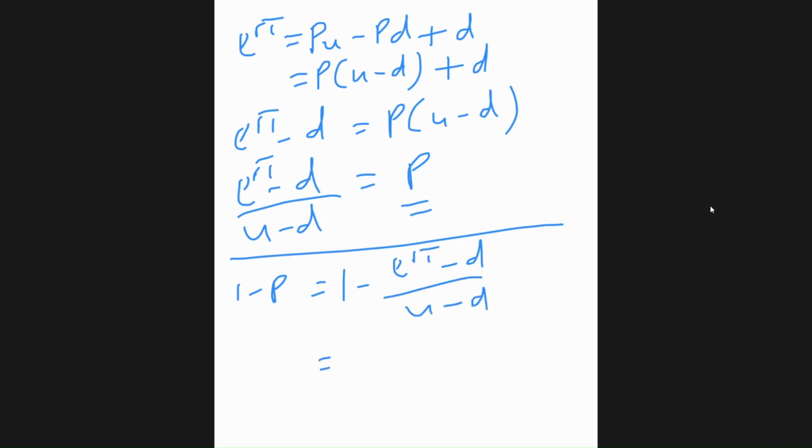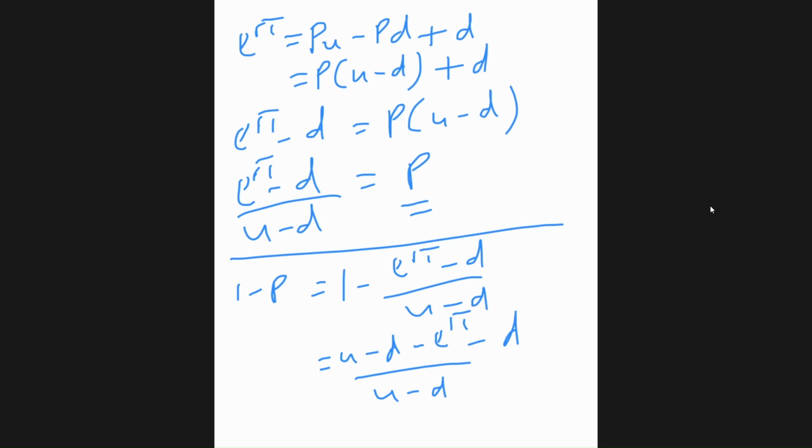We can work out the denominator is going to be U minus D, the LCM of 1 and U minus D. So 1 into U minus D is U minus D. Then minus exponential RT minus D. Is it minus or plus?